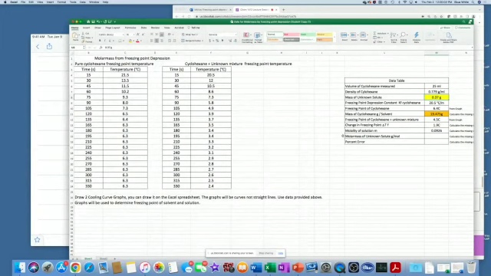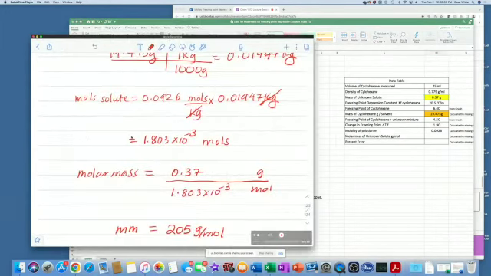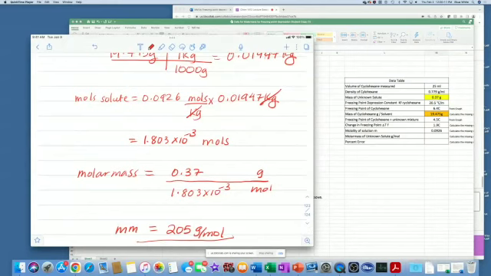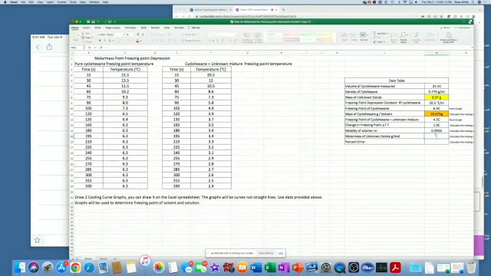It's a little bit off, based on how I read the table. But according to what I read, this is my molar mass. So over here, I write molar mass 205 grams per mole.